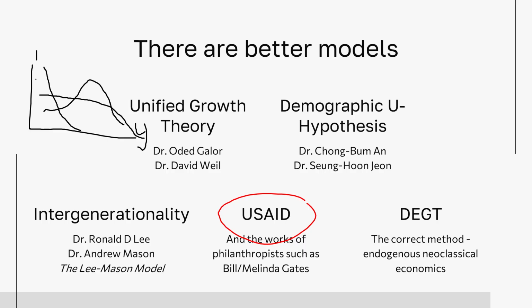That takes time. In fact, moving from a stage 2 population pyramid to a stage 5 population pyramid happens fairly swiftly, but from stage 1 to stage 2, that takes time, and that is where USAID has really been doing good work. But of course, it's not just USAID.